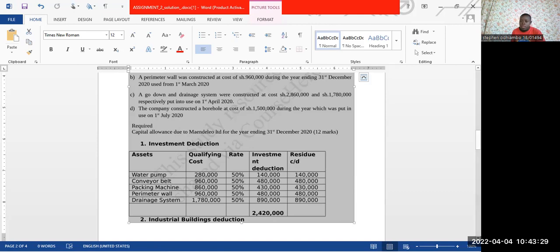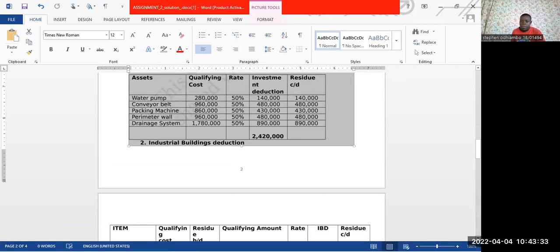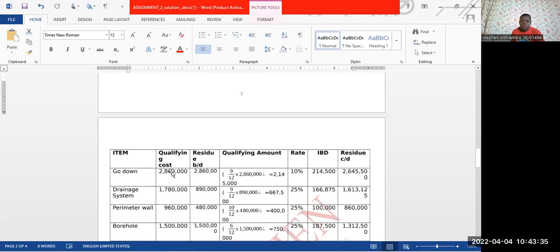If you come down here, you can see all the information. So if you take 9 over 12 times that amount, you are supposed to be getting 2,145,000, and that is the qualifying amount based on the day the item was put into use.